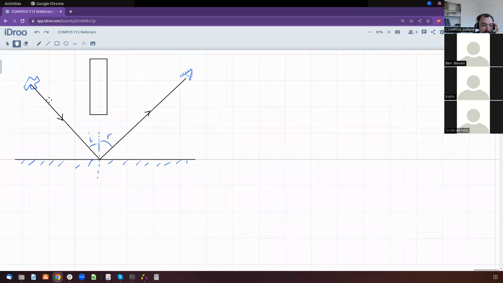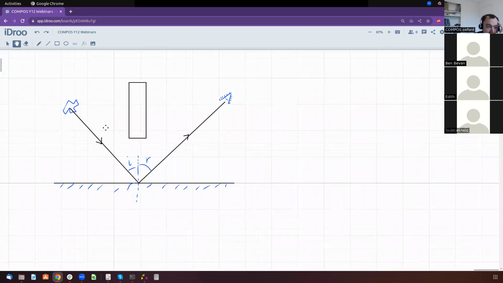Right, so let's say you have an object. This is the object, and this is your eye, and the light cannot travel directly from the object to your eye, so you can't see it. It's behind a wall, but you can see it in the mirror. And the light reflects off the mirror and enters your eye, and it does it in such a way that the angle of incidence is equal to the angle of reflection. Because if it took any other path, let's say it took the red path, the red path would take longer.